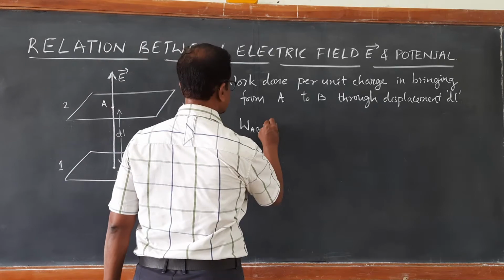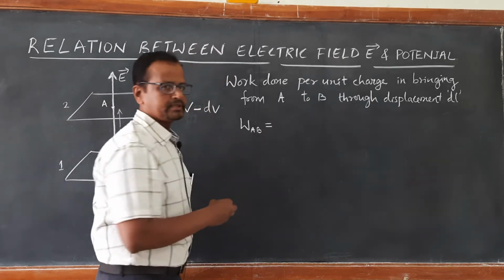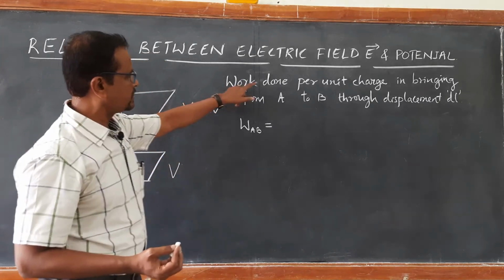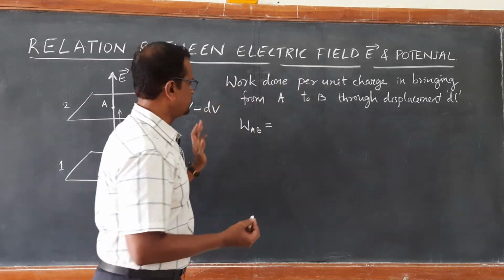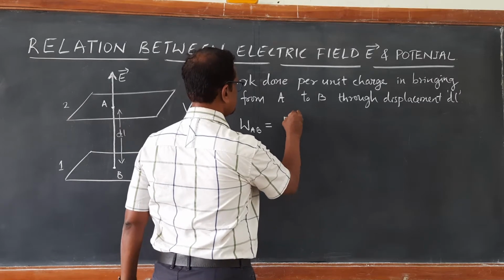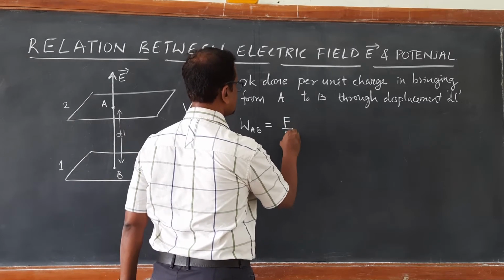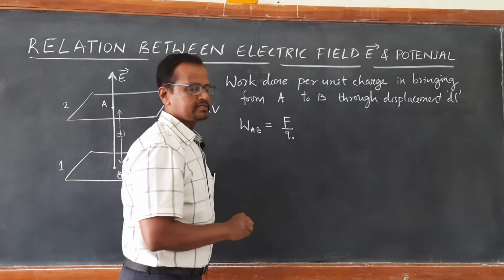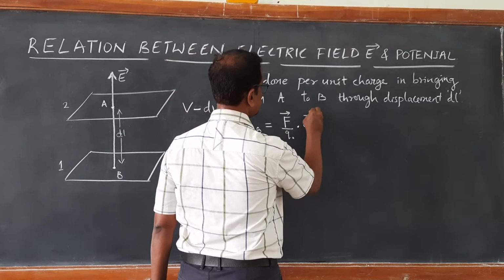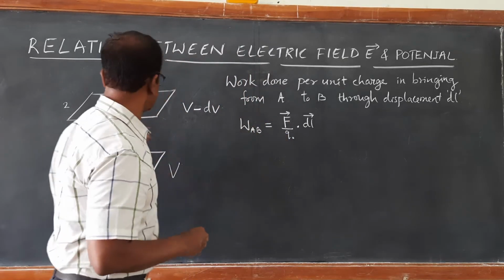This is equal to force into displacement. Now, force per unit charge, it is work done per unit charge. Therefore, force per unit charge dot displacement. The displacement here is dl.